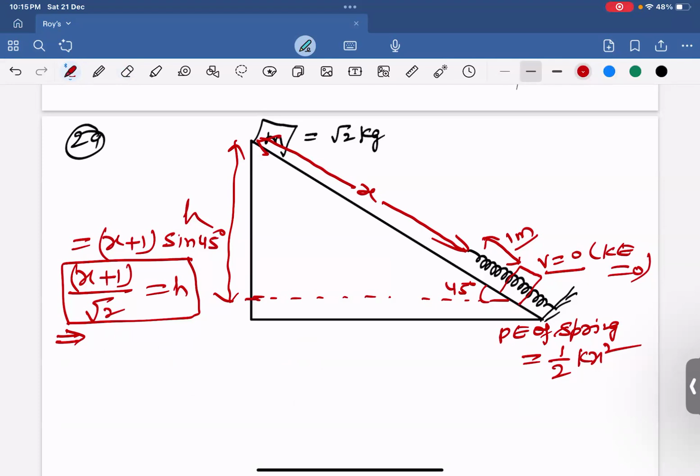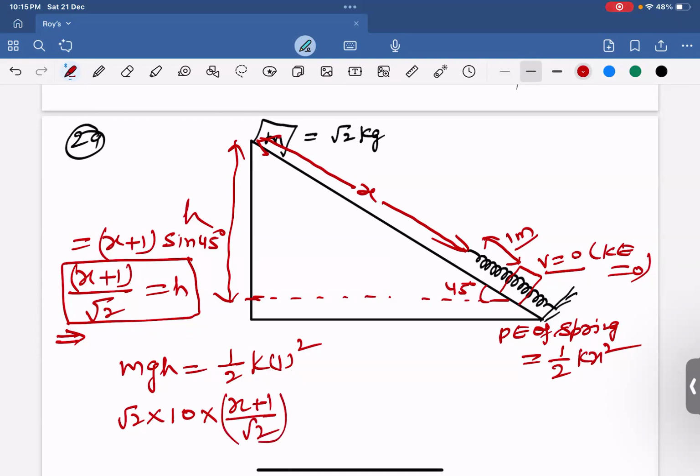So initial energy is mgh, and final energy is half kx squared. x is given 1. So half k 1 square, because 1 meter is the compression in the spring. M is given under root 2. G you can take as 10. Height is x plus 1 divided by root 2.